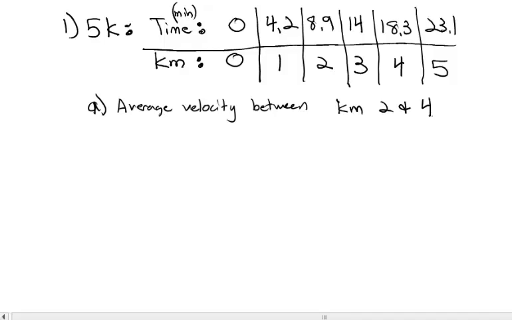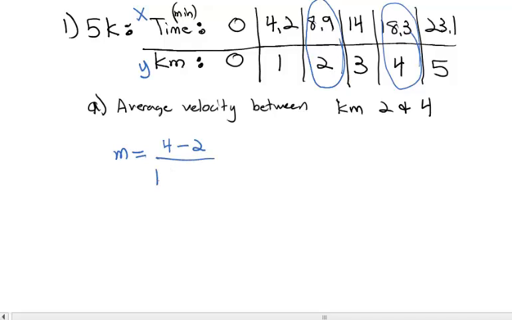So time, that's my x value. That's an independent variable. It doesn't depend on anything. The amount of kilometers that I travel, that depends on how much time has passed. So y2 minus y1, we're looking at 2 kilometers and 4 kilometers. So y2 minus y1, 4 minus 2, over 18.3 minus 8.9.